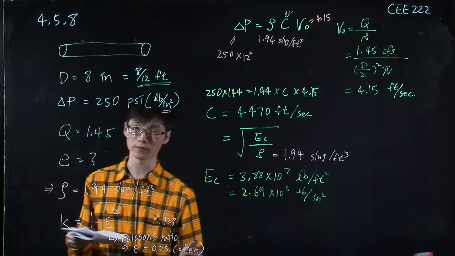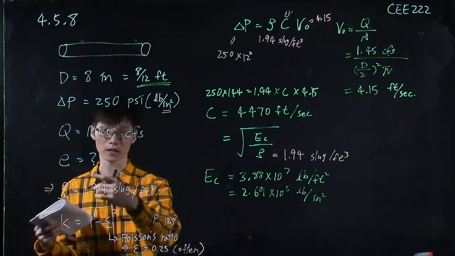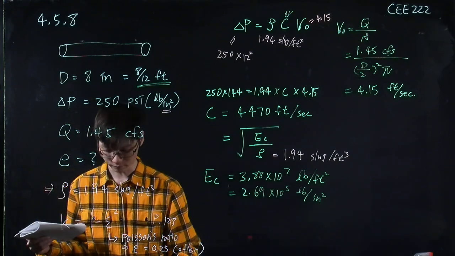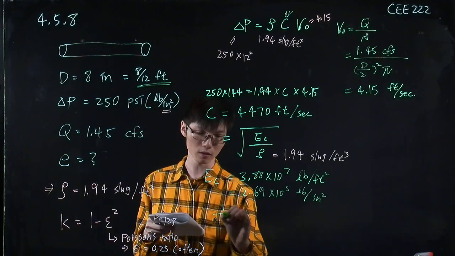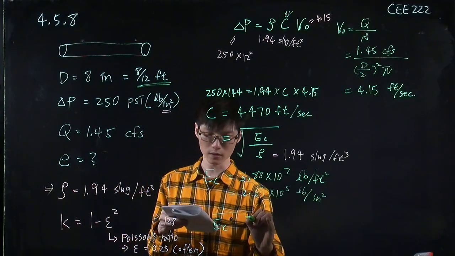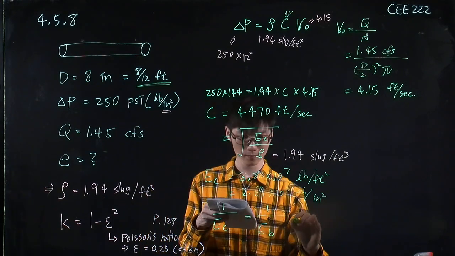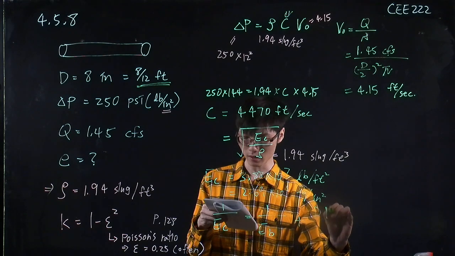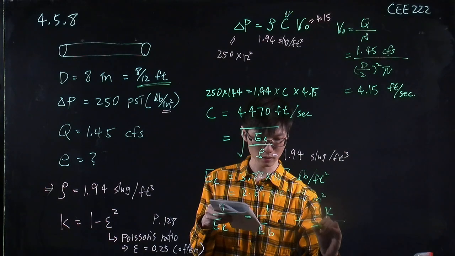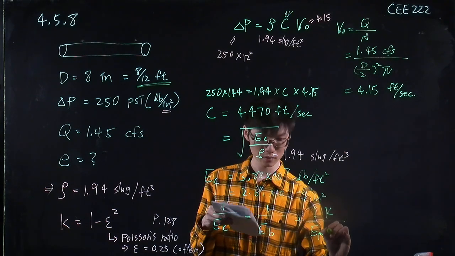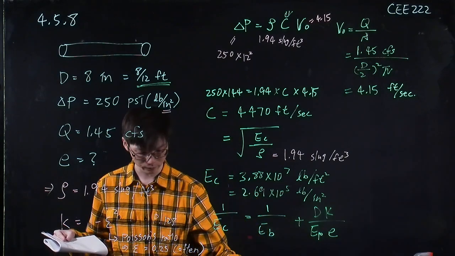And we can further apply this EC to the third equation, which is related to the thickness. Let me write down the equation. That's 1 over EC is equal to 1 over EB plus DK divided by EP times the thickness of the pipe, which is the value that we try to solve.